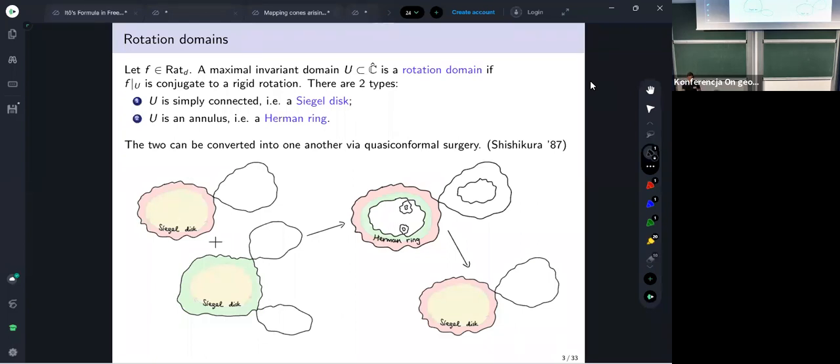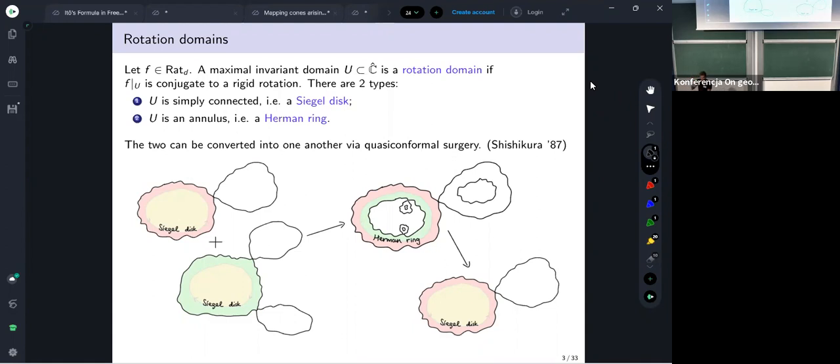This is a very simplified picture, really. The quasi-conformal surgery operation itself involves a bit of interpolation. But in the end, we get a Herman ring, and on either side of the invariant curve that you cut, you basically get dynamics that mimic both of the Siegel disks you originally had.